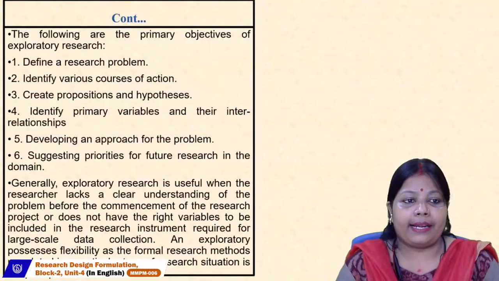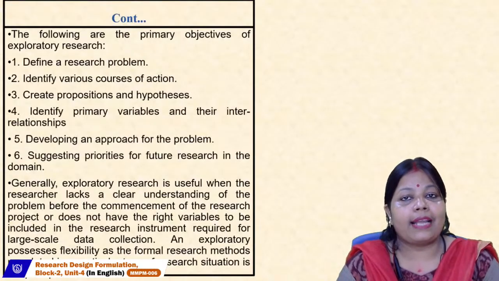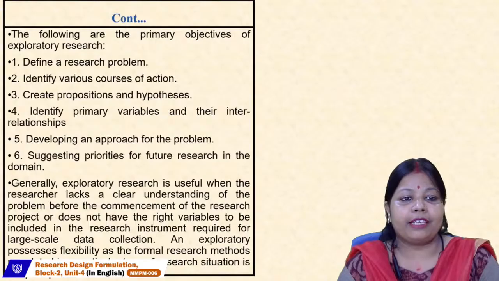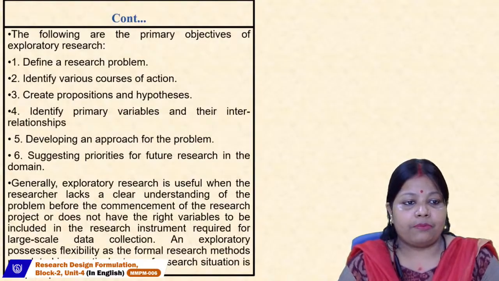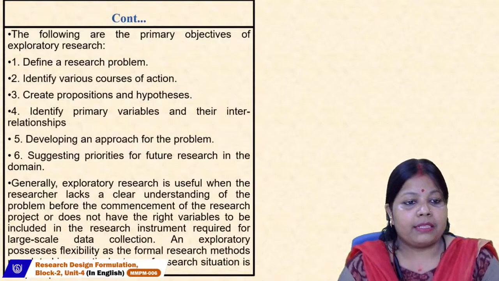Then creating propositions and hypotheses, as we said, after that the turn came for hypotheses. Then identifying primary variables and their interrelationships. After that, the fifth objective is developing an approach for the problem, then suggesting priorities for future research in the domain.